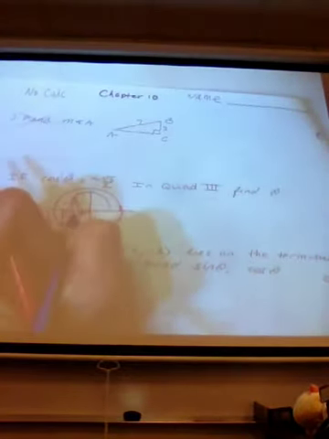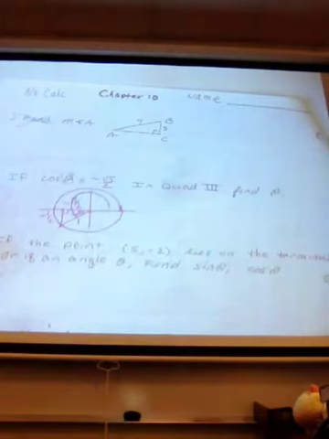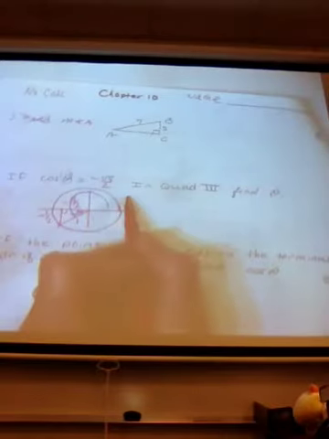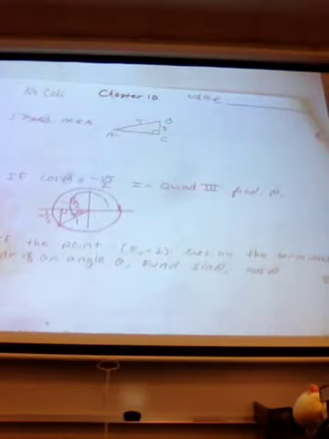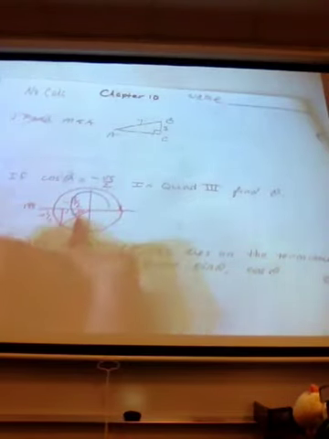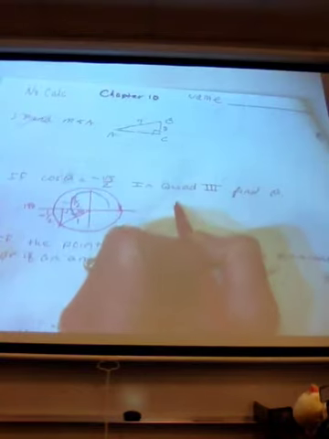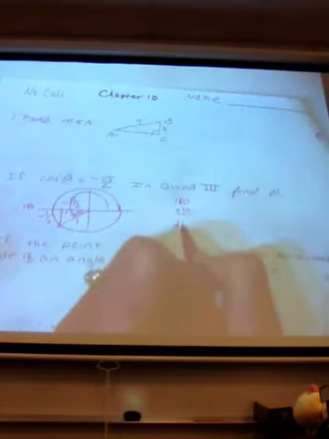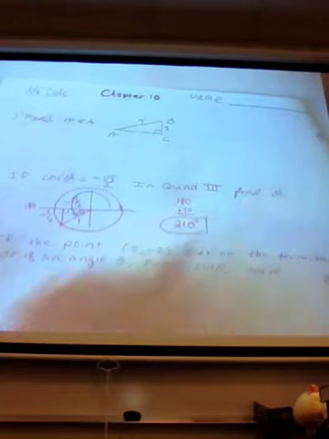So theta is this entire angle to get it into the third quadrant, right? It's not 30 degrees. 30 degrees would end up in the first quadrant. So what would that whole measurement be then? It would be 180 plus 30, which is 210 degrees. There's your answer.